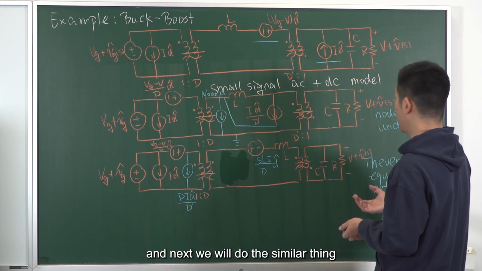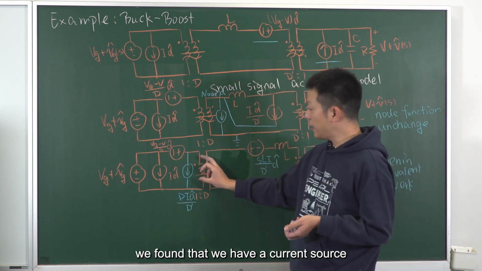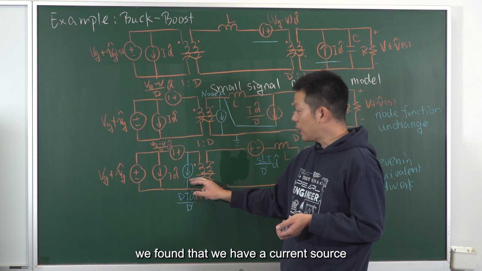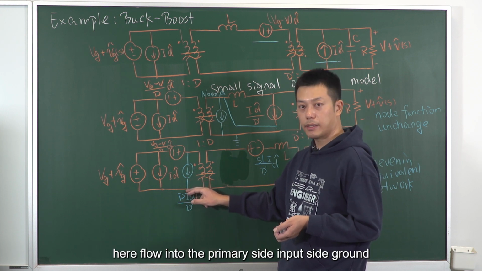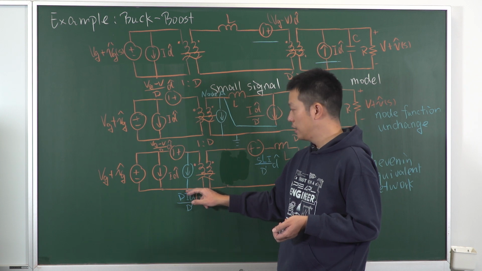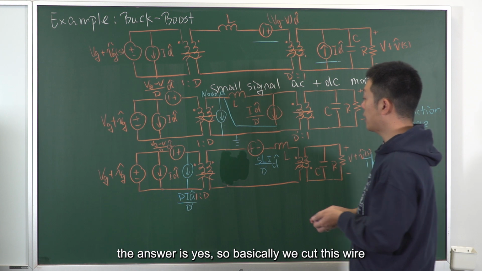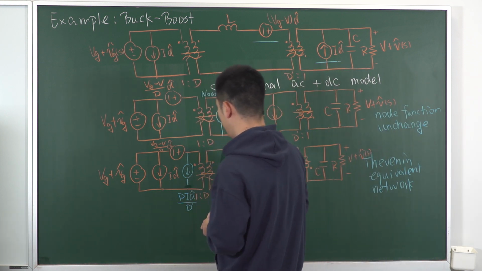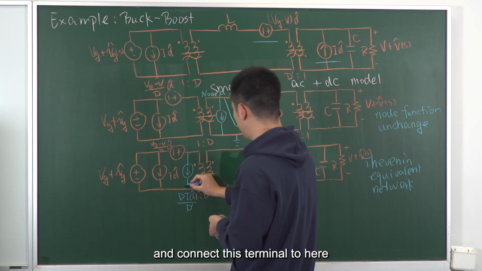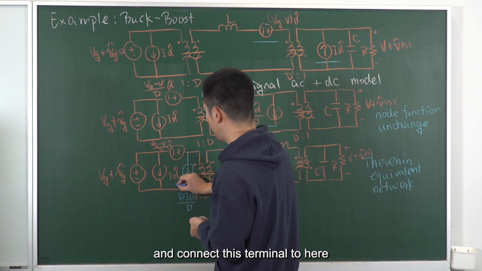And next, we will do a similar thing, right? We found that we have a current source here flowing to the primary side, input side, ground. Can we do a similar thing as this one? The answer is yes. So basically, we cut this wire and connect this terminal to here.